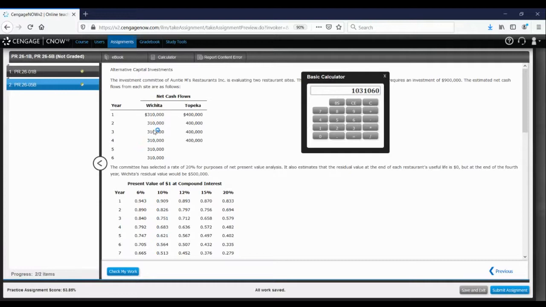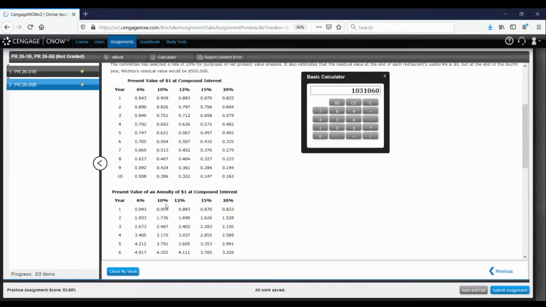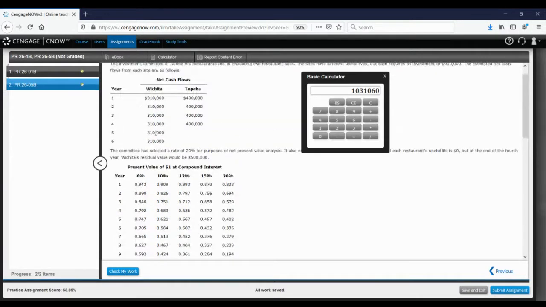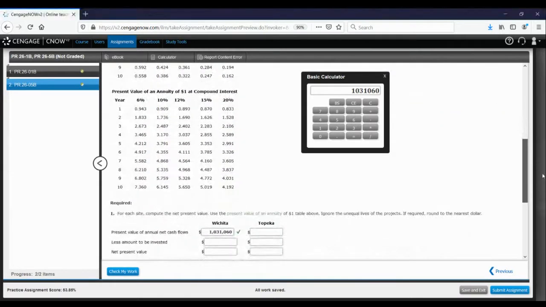So again, I took 310,000. I went on my table. I'm going to look at the present value of the annuity table. I'm going to go down 6 years and I'm going to go straight across to 20%. My table value amount was 3.326. I multiplied that 3.326 times 310,000, and that gave me the present value for the Wichita location.